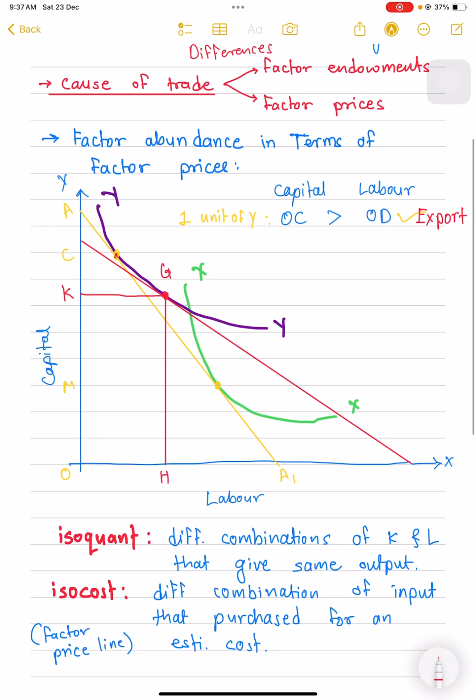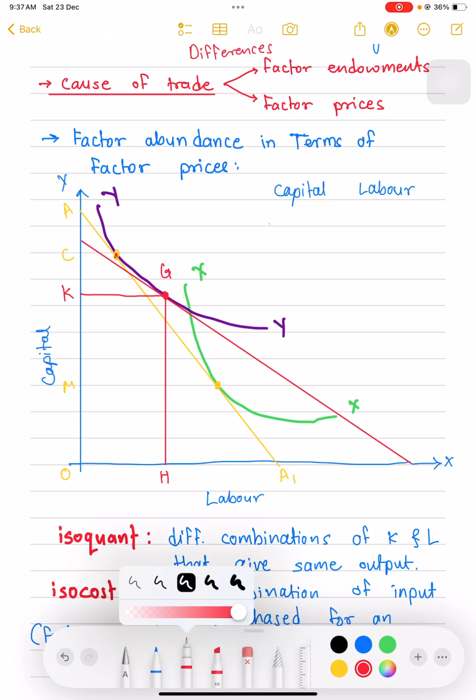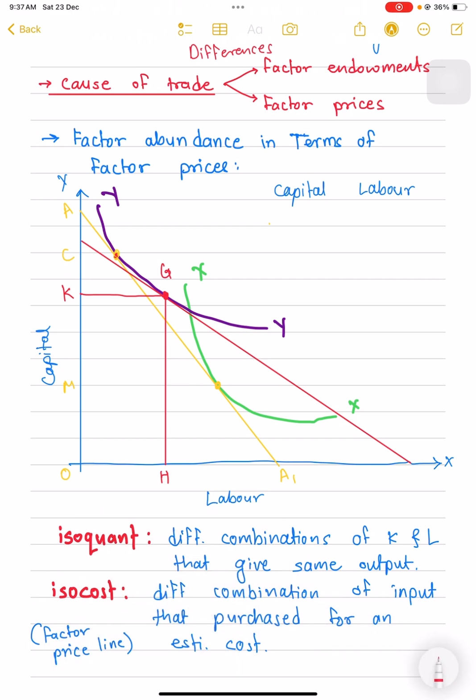Now we are looking at it from the point of view of country B, which is a labor abundant country. Always remember, country B is a labor abundant country. So in order to produce 1 unit of Y, they require OK amount of capital and OH amount of labor.